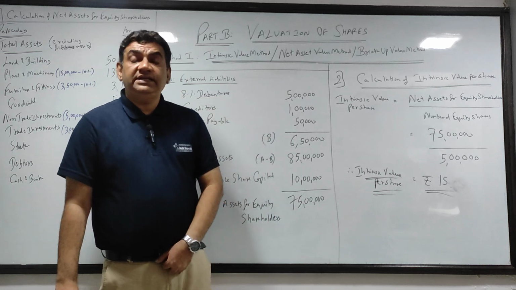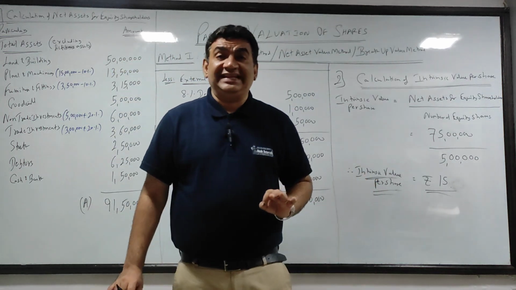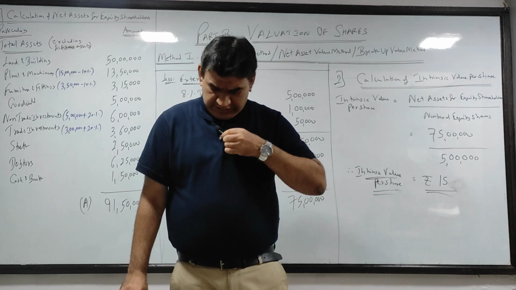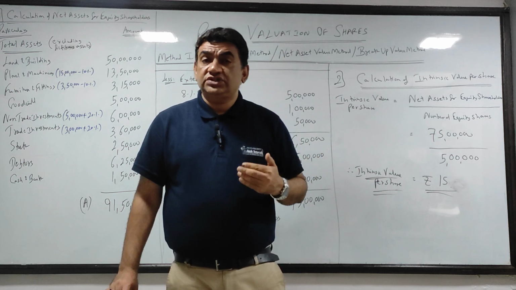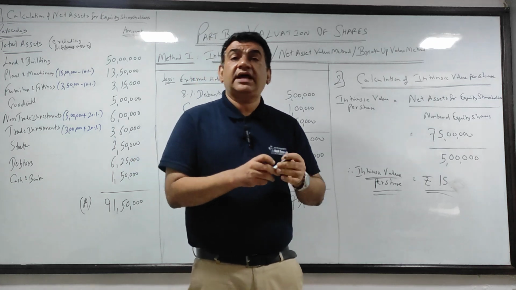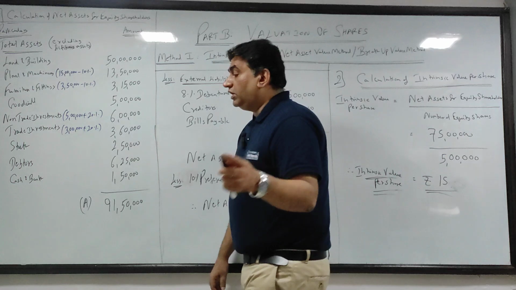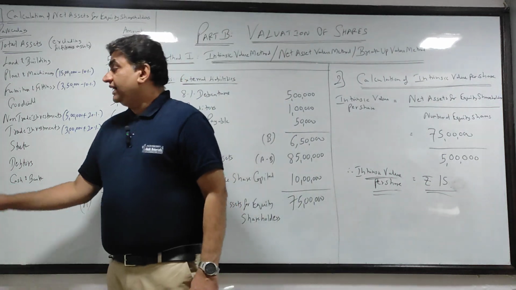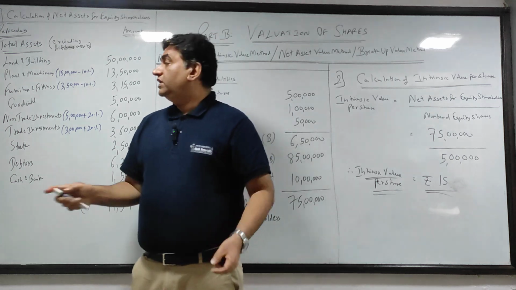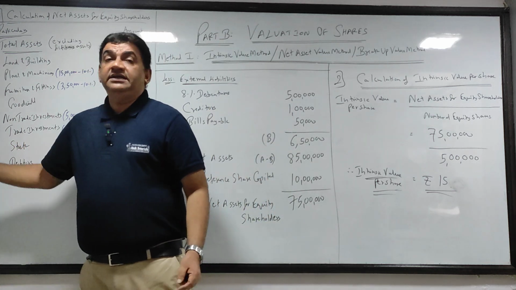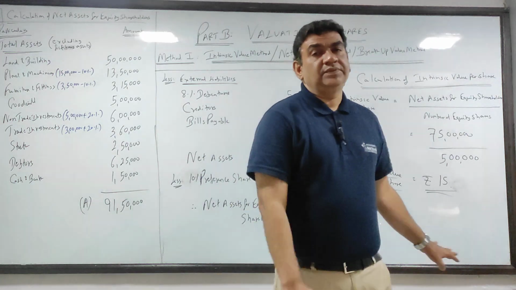Therefore, my intrinsic value per share is rupees 50. इसका मतलब what I told you, if the company closes down, then at the time of closure, each shareholder, what value per share he will get? That is the meaning of intrinsic value.